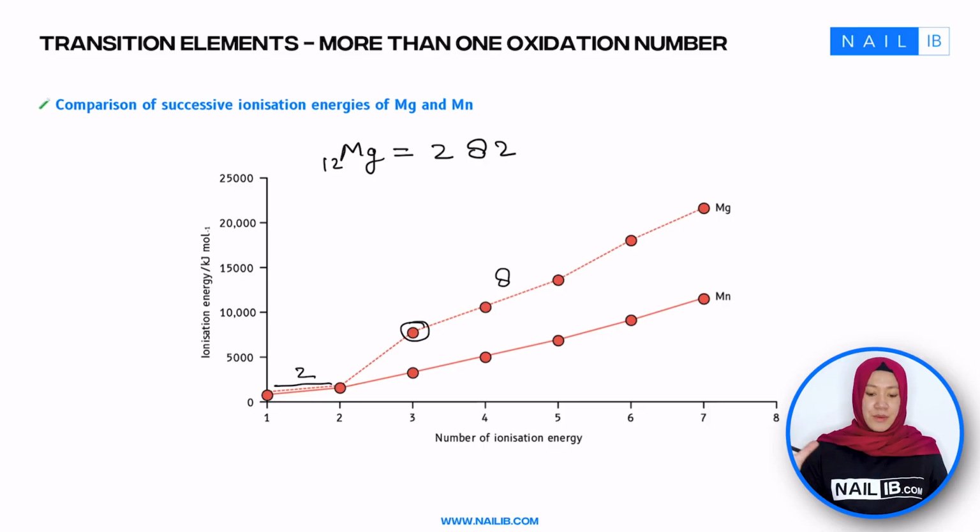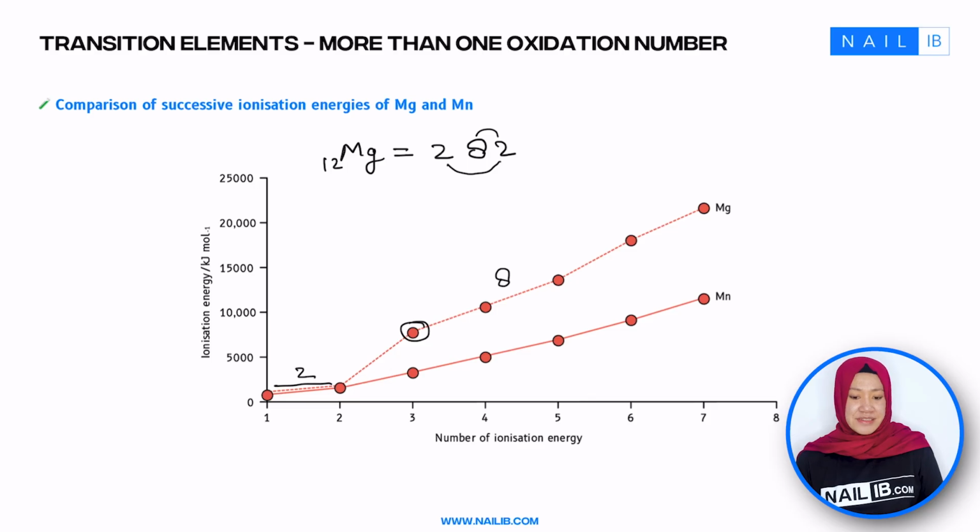There is a big gap or high jump between the second ionization energy and the third ionization energy because it has a different main energy level. So you would expect also a high jump between the last electron of this and the first electron of this when the electrons are removed.